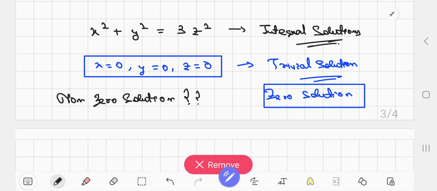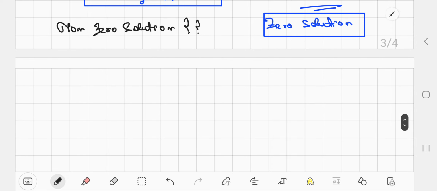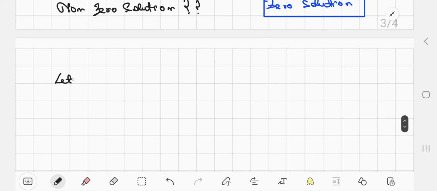Okay, clear? Now we consider a very simple case. Suppose we have integral solutions. First thing first, we can assume that x, y, z have no common factors.